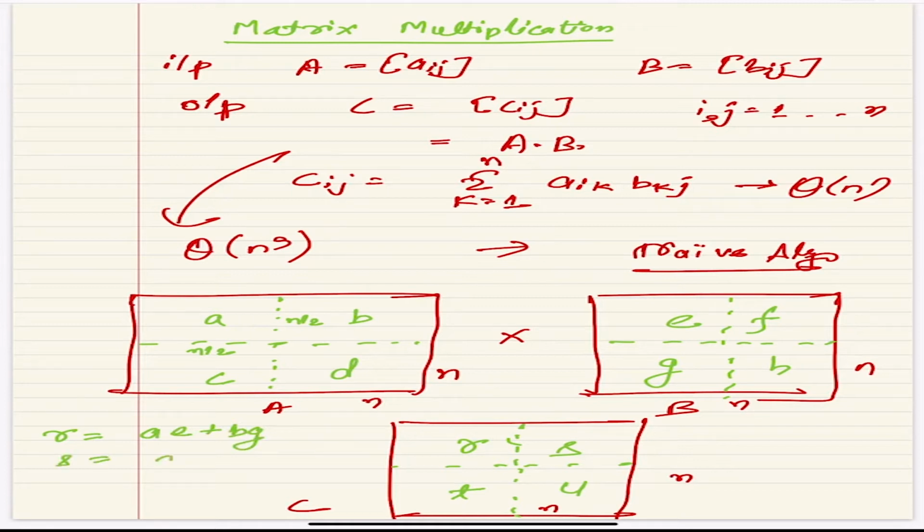S will be AF plus BH. T will be CE plus DG. And U will be CF plus DH. Okay, so these are your R, S, T, U. And then finally you combine these, and you get your final output.